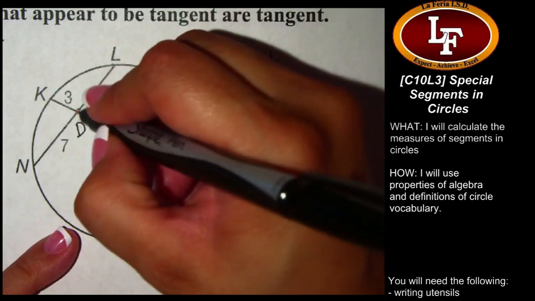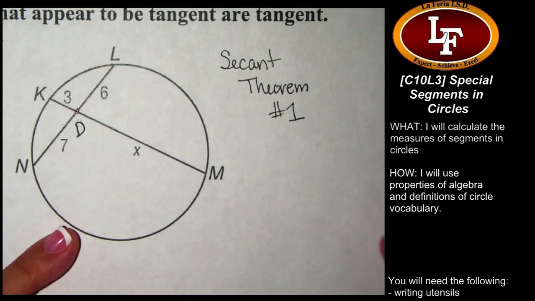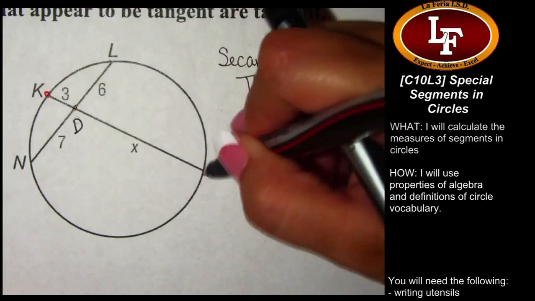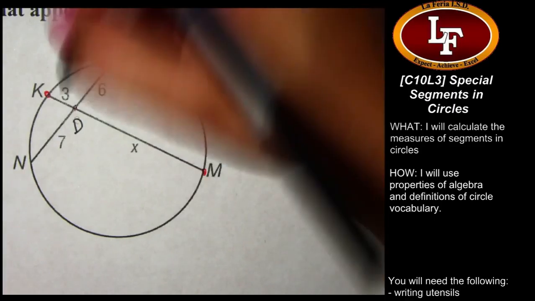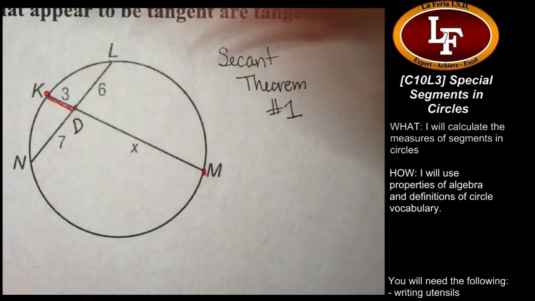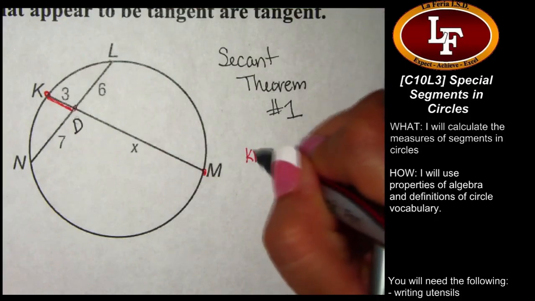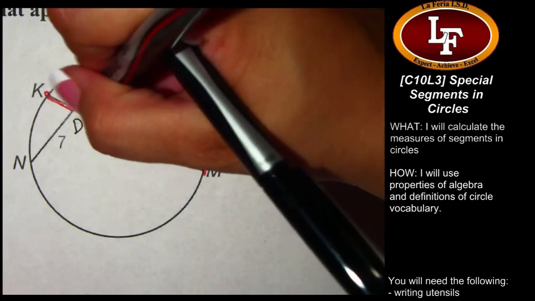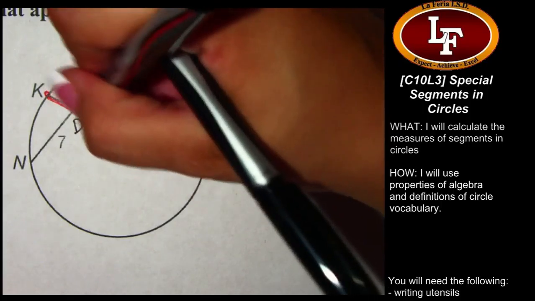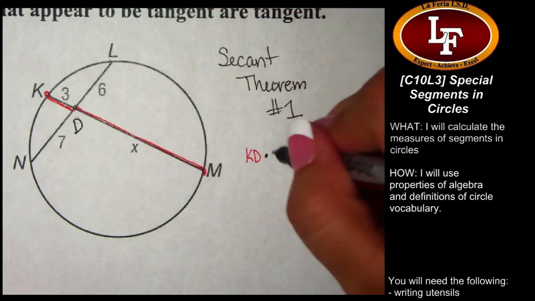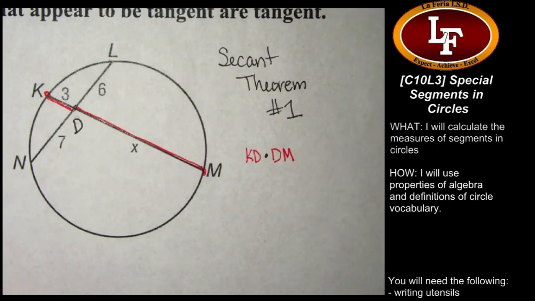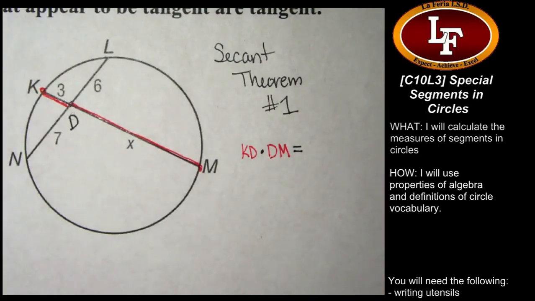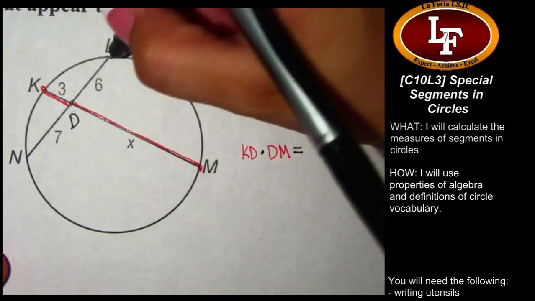You can name your intersection point anything you like, but we're going to go ahead and use D. All right, so here's one chord from K to M. Here's one part of it from K to D. So KD times the other part, DM. That value is going to be equal to, we're going to look at the other chord now.